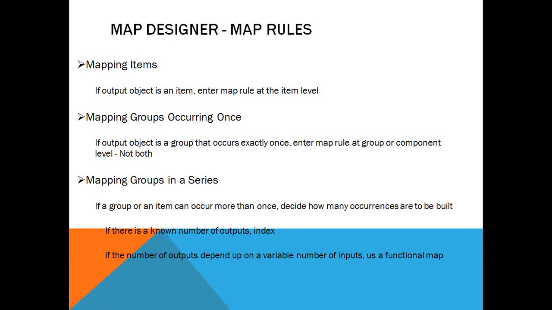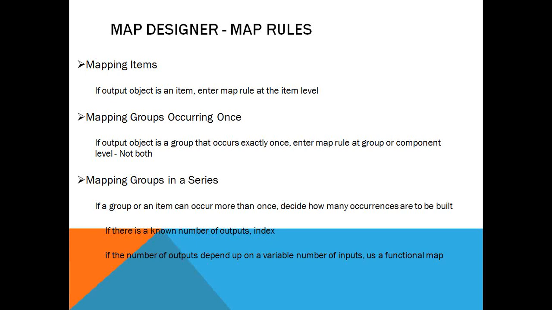Mapping group occurring once. That means we selected only the record in the output card, so it is occurring once. In that case, you can do the mapping at either item level or group level. That is the first point. Because it occurs only once, you can do mapping at either item level or group level.